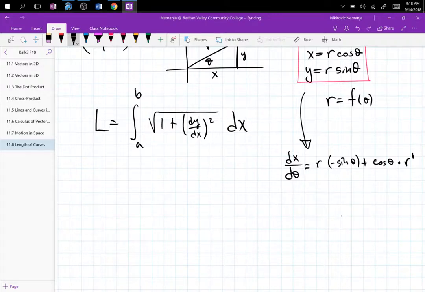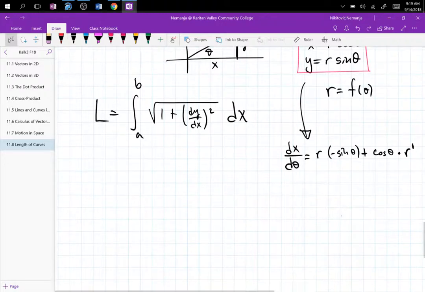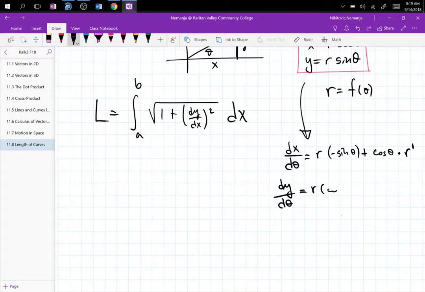This is the derivative if you are switching from x into the polar, with differentiation here. Now we have also dy d theta, which is going to be copy the first, derivative of the second, plus copy second, sine theta, times derivative of the first, r prime. Now, we don't like to write r prime. We're just going to put f prime of theta instead.